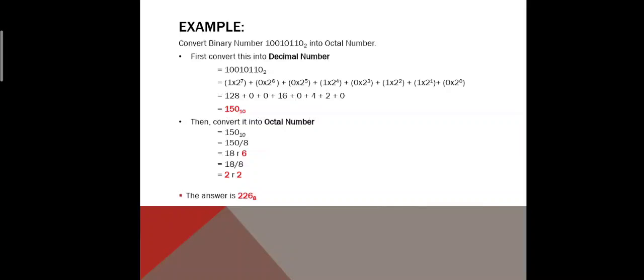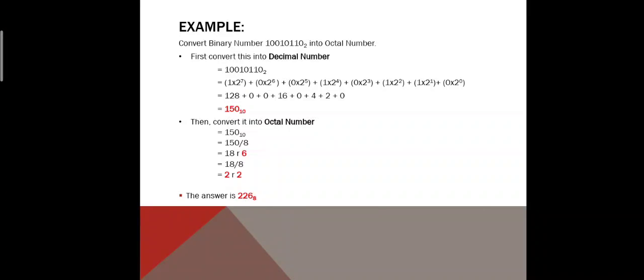Yung mga 0 po ay hindi na po natin sinama dahil 0 naman siya at kahit anong i-times sa 0 ay 0 ang kakalabasan. So, dito, 1 times 2 raised to 7 is equal to 128 and 1 times 2 raised to 4 equals 16 and 1 times 2 raised to 2 is equal to 4 and 1 times 2 raised to 1 equals 2.